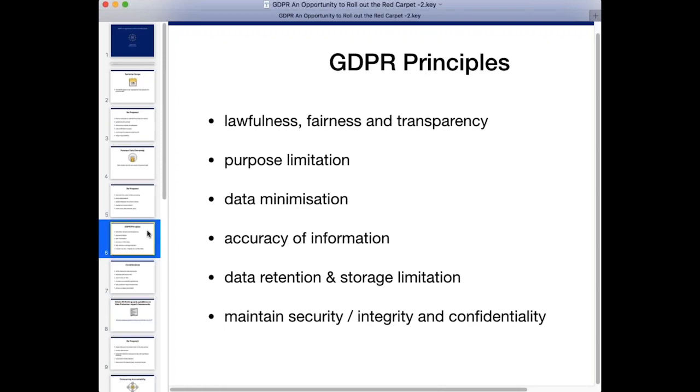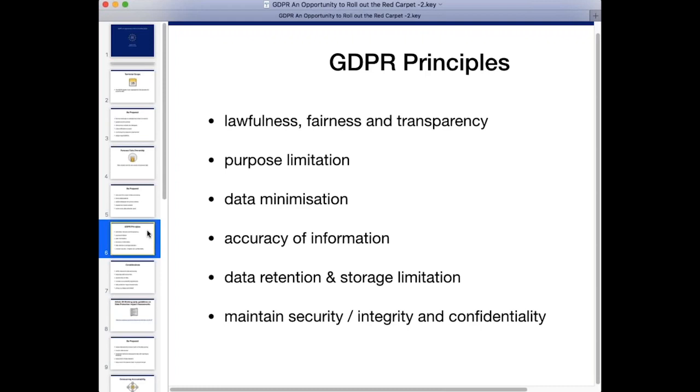The second is personal information must only be collected for specified, explicit and legitimate purposes. So communication is key. We must tell individuals what we are collecting their data for, and that we will be careful with it while we have it.